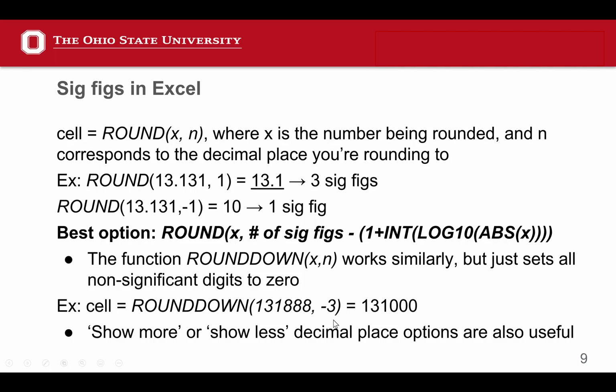Really the best way to go about using the round function is to set up a separate column with the number of sig figs you want for the entry in that row, and use this Excel command that I have in bold here to automatically round to the right place for sig figs. Other options include the round down and round up functions, which just turn all the digit places below a certain place to 0, and the uses for that are much more niche, so you're best off with the round function.